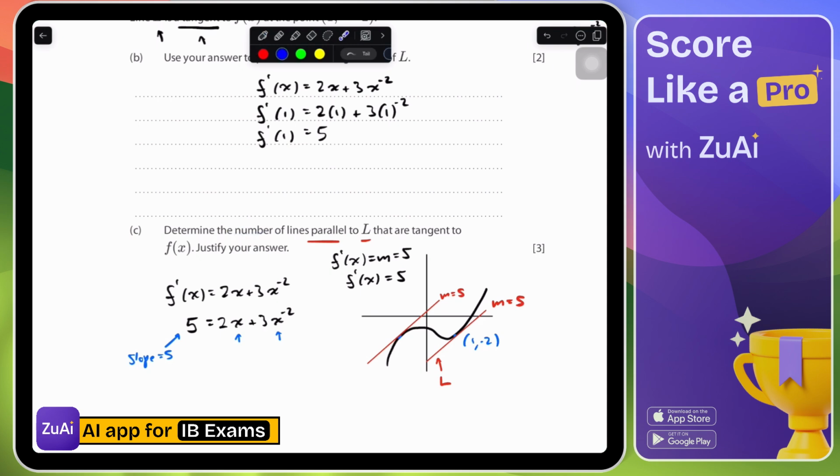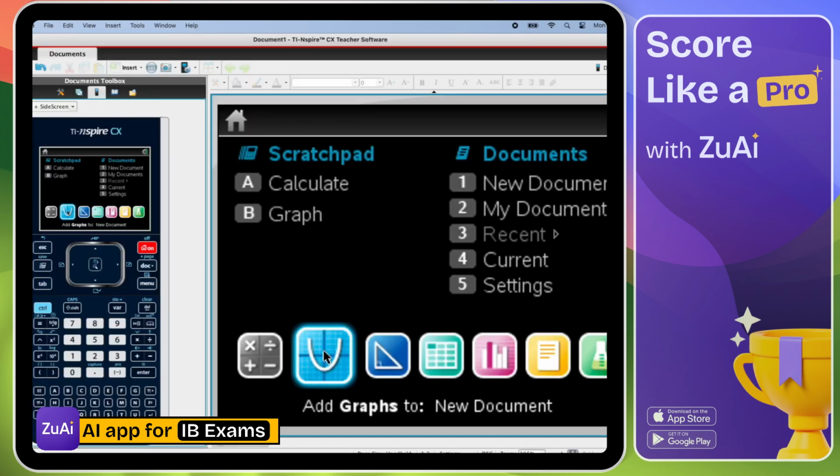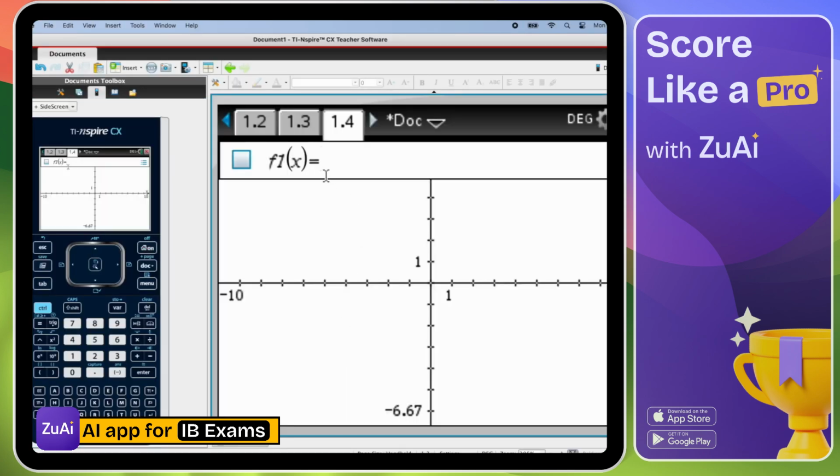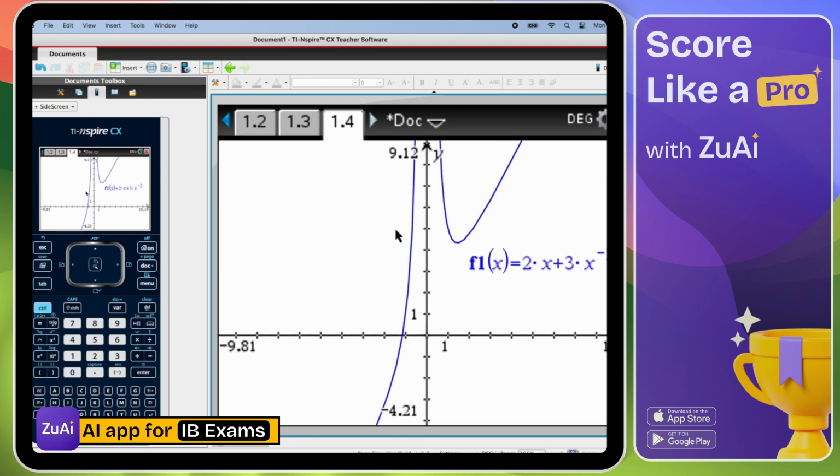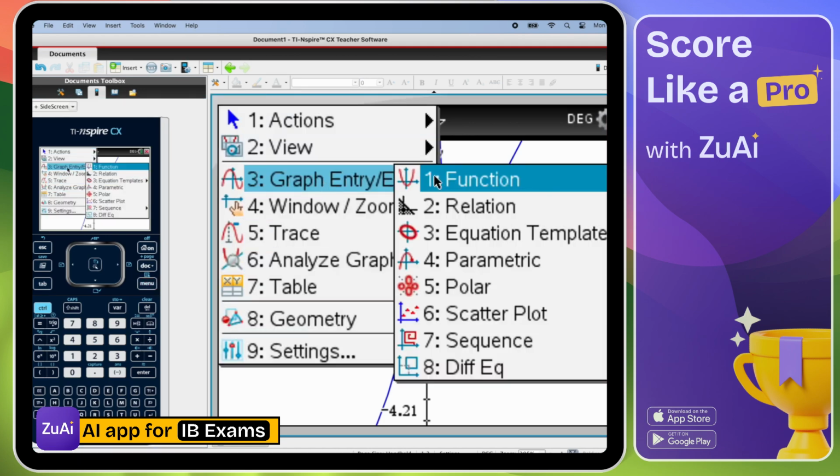So let's go to the calculator and put in our derivative, 2x + 3x^-2. That's our derivative, so at any given point, it tells us the slope. And we want to ask, how many times does this slope function equal a value of 5?